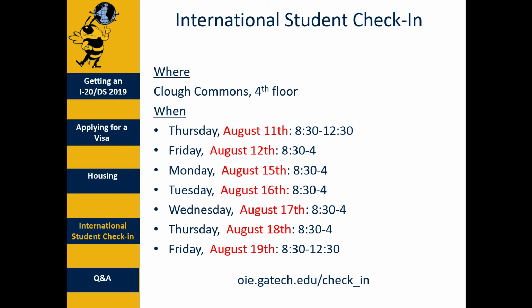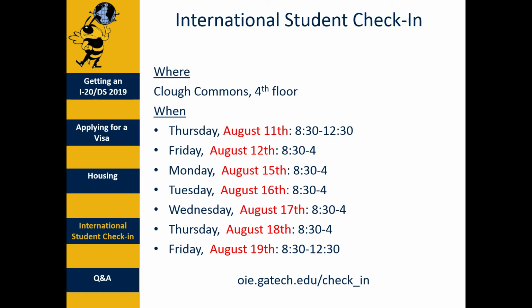But you can get your Buzzcard there, and basically they just need your Georgia Tech ID number, and that way they can look up your information, and they'll take your picture and issue you your Buzzcard while you wait. Undergraduates who are registered for FASET, you'll get your Buzzcard as part of FASET. For grad students, it'll be more determined by your specific academic department, whether they have an academic department type of orientation where they help you with that, or if you're expected to do it on your own.